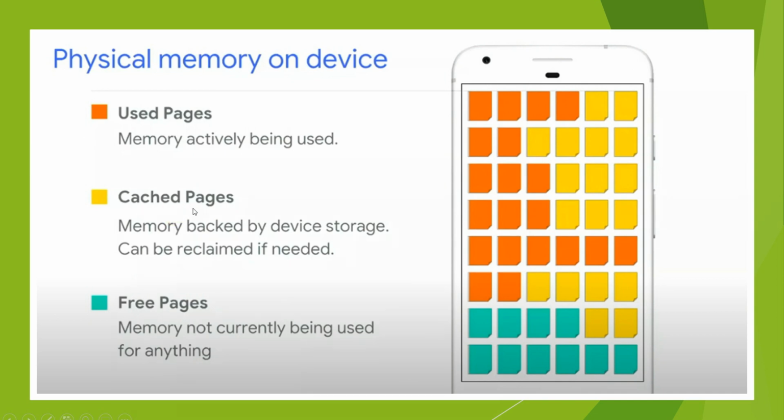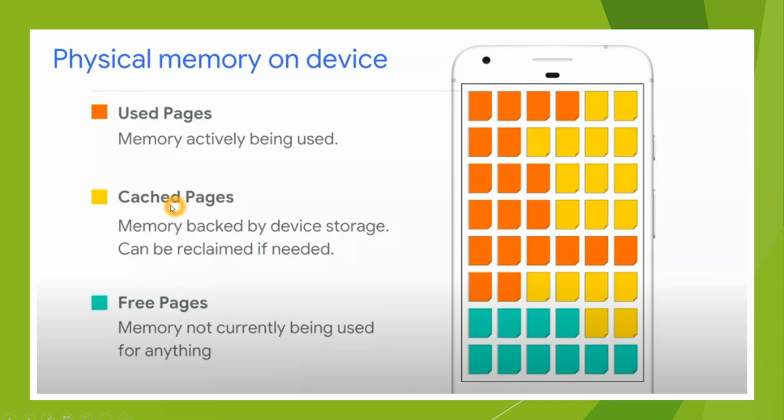Next, what are these cached pages? These cached pages are used by Android processes, but the data they contain is also there on device storage. So even though these processes are running in memory, they have a backup on the device storage. That is the meaning of cached pages.